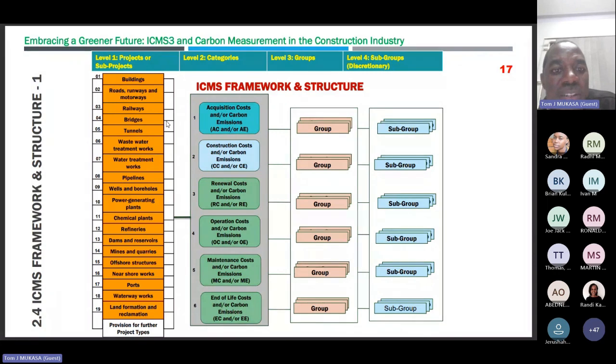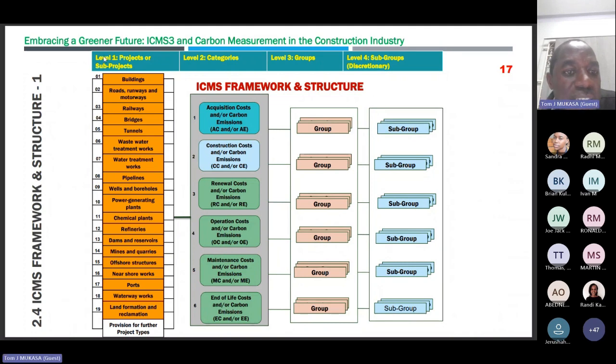So how does the standard or the framework look like? This cost management reporting standard has tried to amalgamate all the construction industry subsectors into one reporting framework, starting with buildings and adding on all the civil engineering and infrastructure works, as you can see.